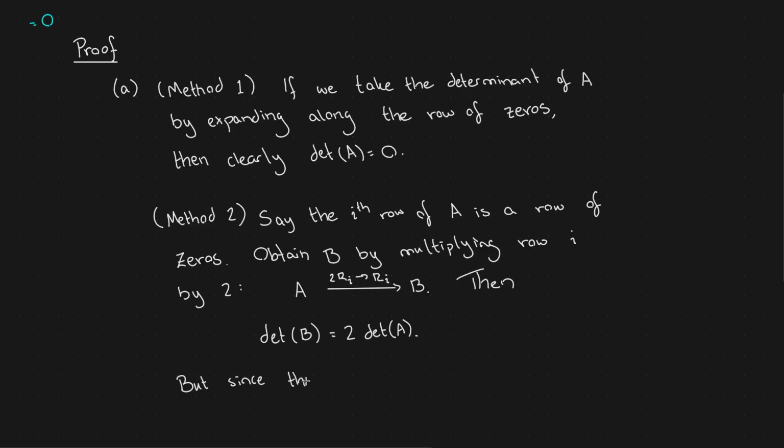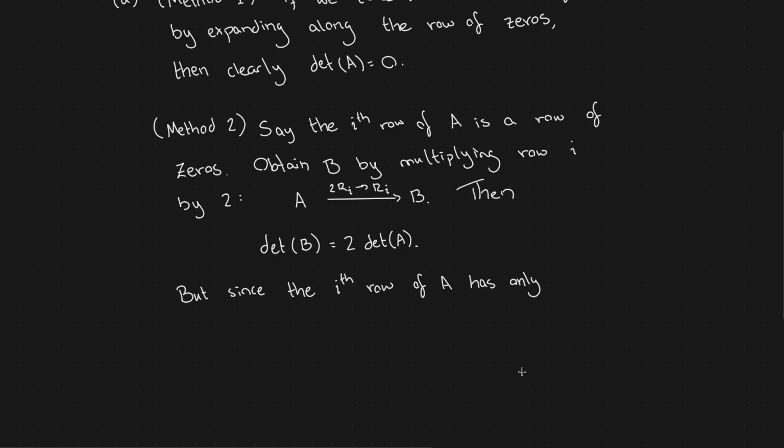But since the ith row of A has only zeros, after multiplying row i by 2, we are left with the same matrix.